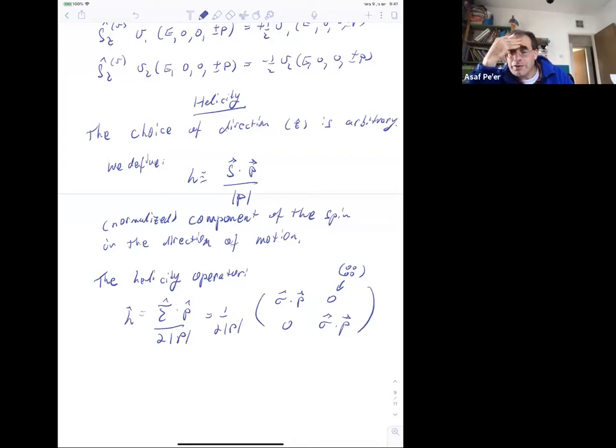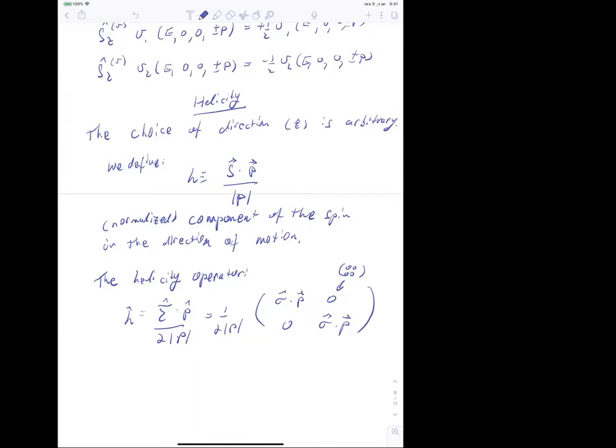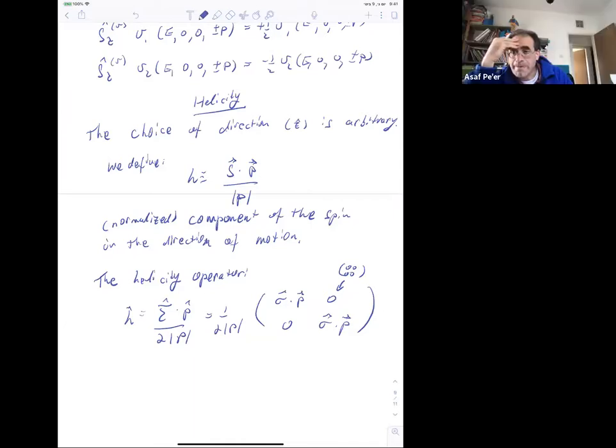What does it mean that they commute? That's a general question. It is conserved. It's conserved in time. It is not changed. All right. So if we measure the helicity at one time, it's going to stay.